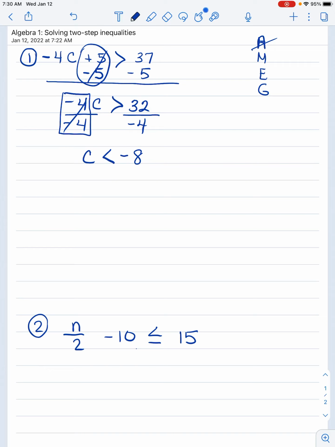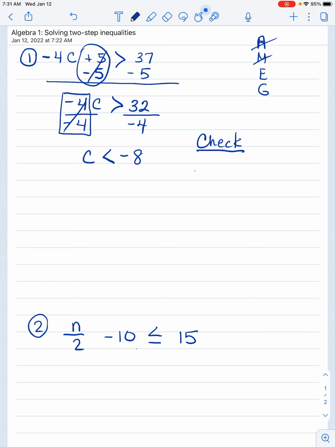Okay, so I did my addition and then I undid my multiplication. Now, it's especially important to check when you have a negative number, because you do have to remember to flip the inequality, and your check is going to catch any mistakes that you make. So let's check.